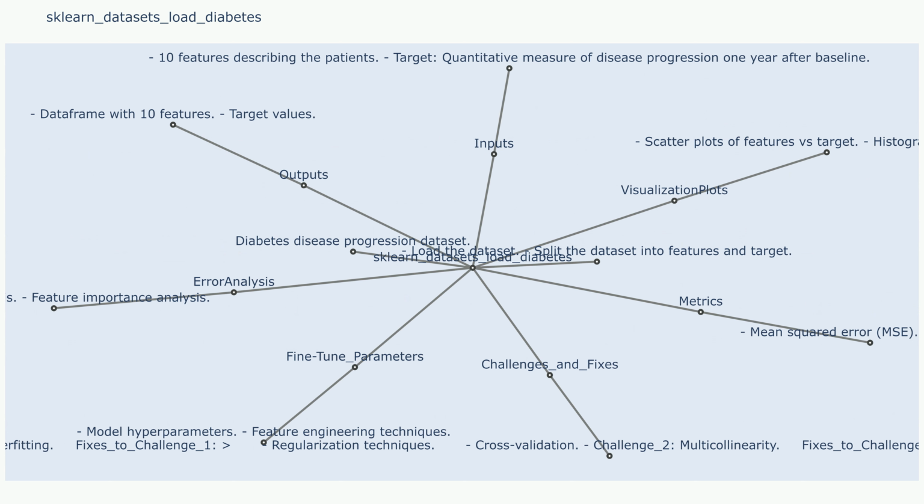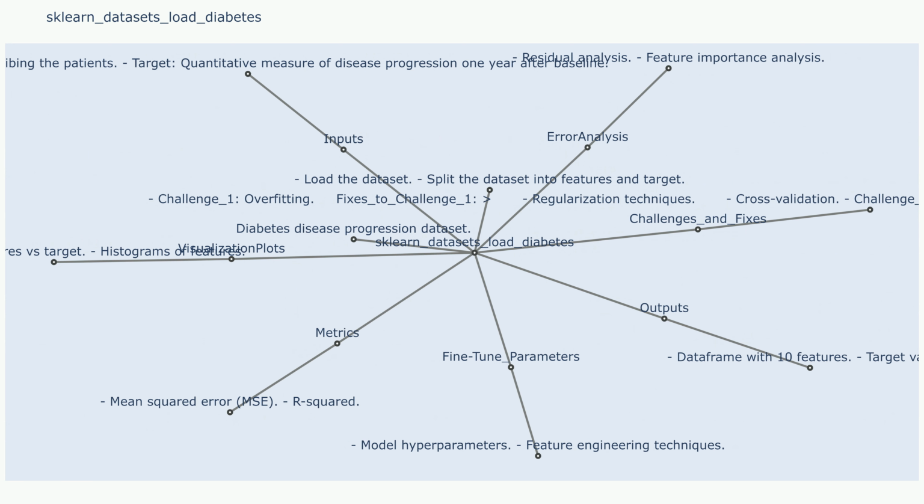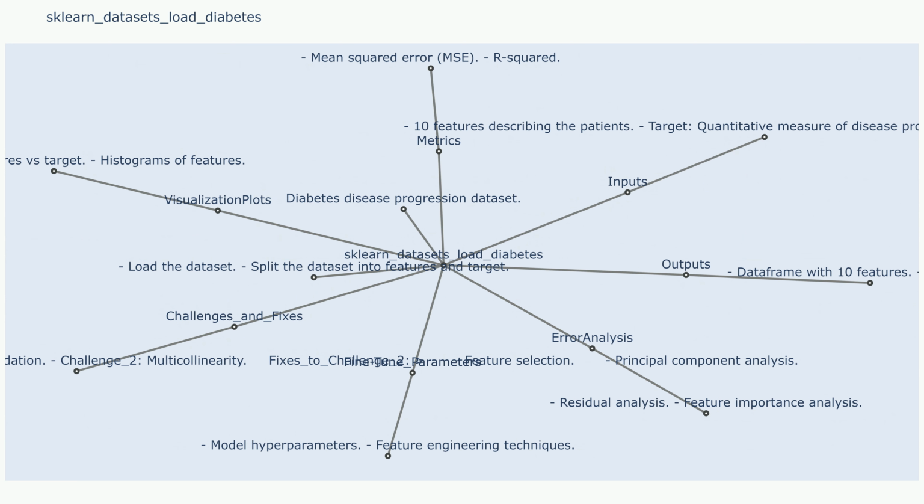Metrics. Mean squared error, MSE, commonly used to evaluate regression models, measuring the average squared difference between predicted and actual values. R squared, R2, indicates the proportion of variance in the target variable that is explained by the model. Visualization plots: scatter plots to visualize the relationship between each feature and the target variable.